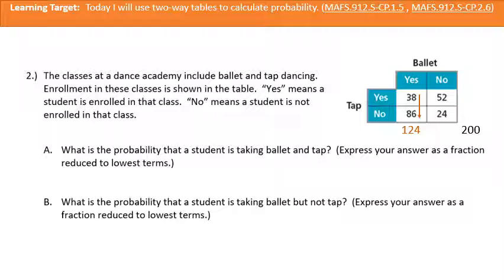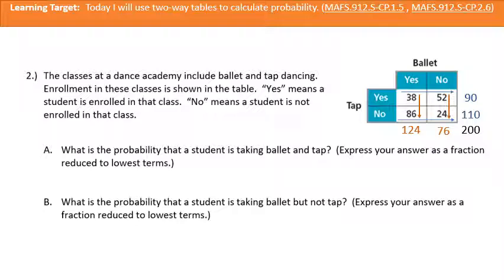You can grab your calculator if you want to pause this part and do this part on your own, and then come back and see if you got it right. That'd be a great thing to do. If we look at no, we're going to do 52 plus 24. That should be 76. Let's add straight across. 38 plus 52 is 90. 86 plus 24 is 110.